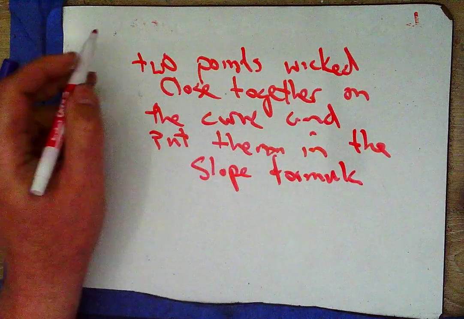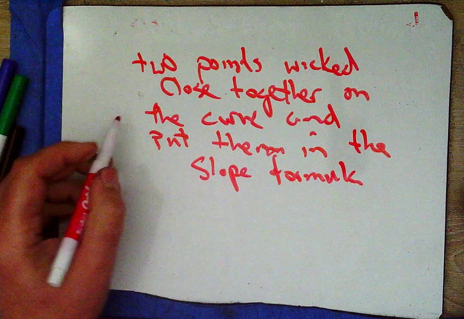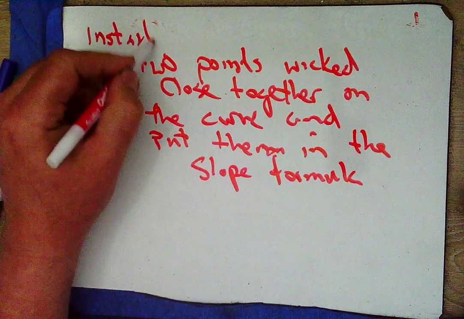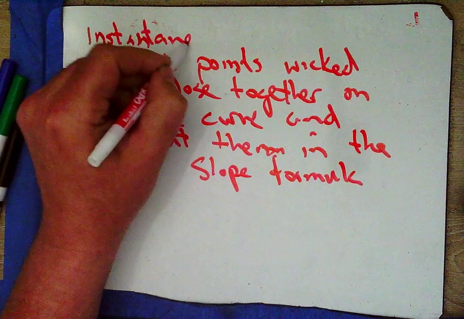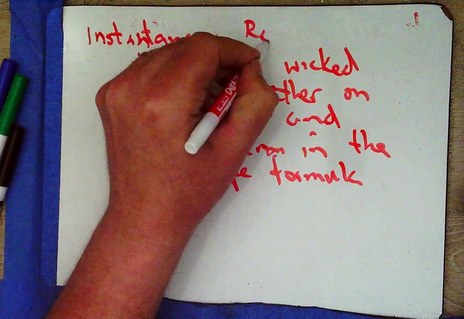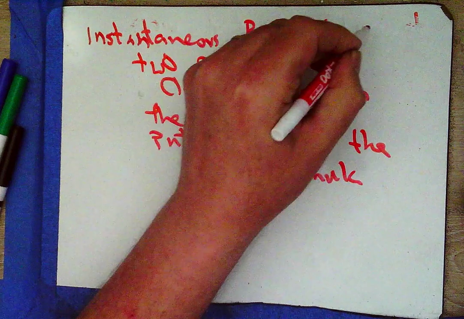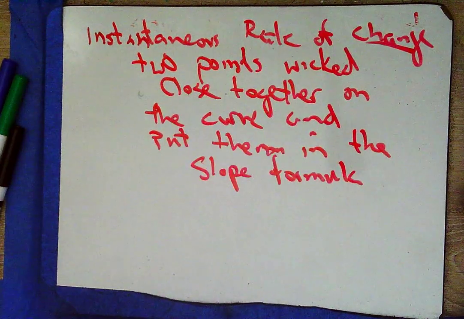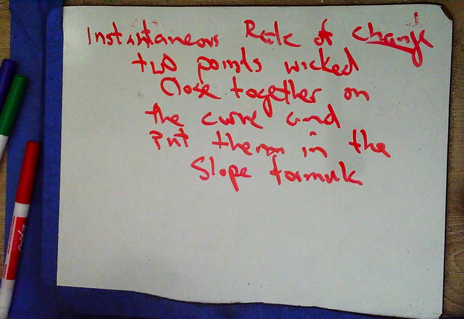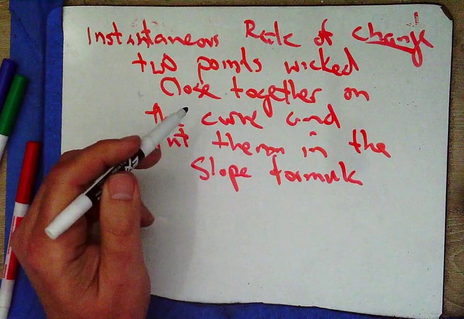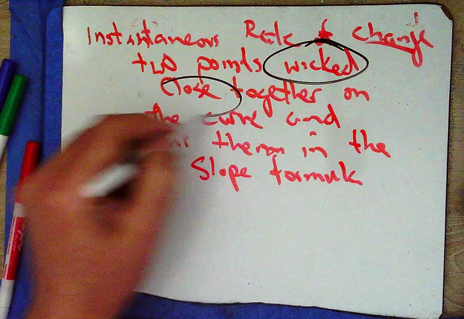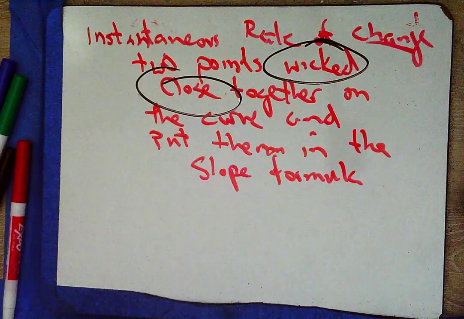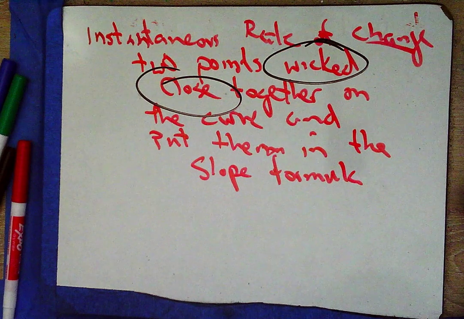This is a method that nobody likes, and this is how we can find instantaneous rate of change. So today, I'd like to give you a much easier way to do it that doesn't require us to use these wicked close inconvenient points. Okay? That's going to be our big goal for the day.